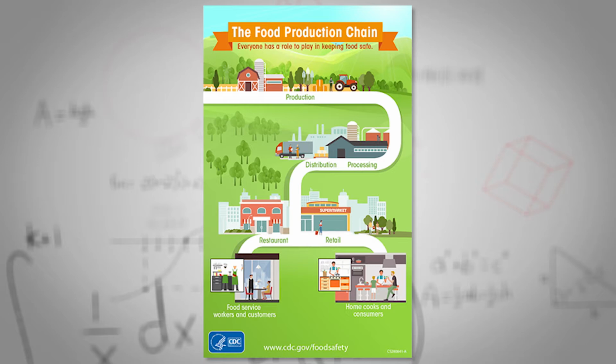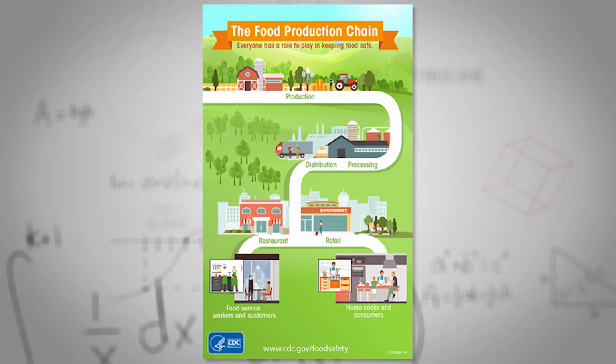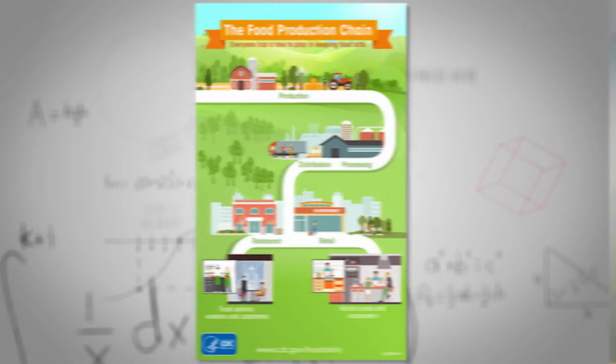And then the next level, you have the restaurants and the retail stores. Sometimes we interact directly with the restaurants. Sometimes the retail stores, like the grocery stores, where we buy our food and then we consume it. Then the next level, you have the food service individuals, the waiters, the staff like that in the restaurants and bars. And then you have your own home with the home chef and all the rest.